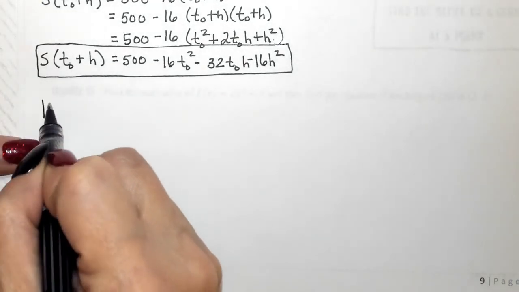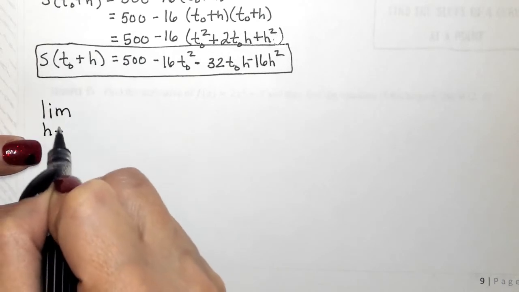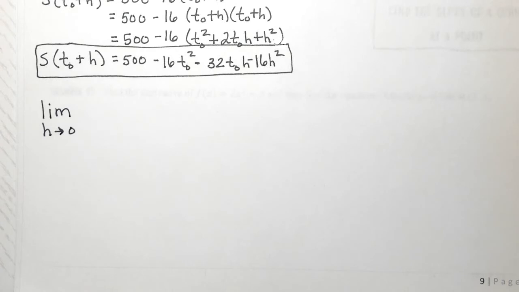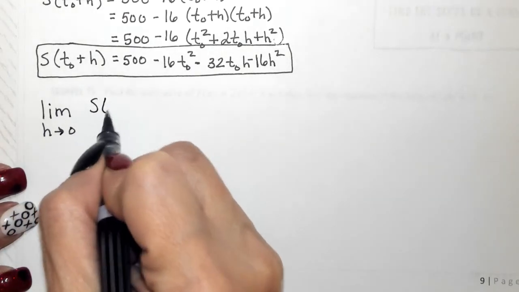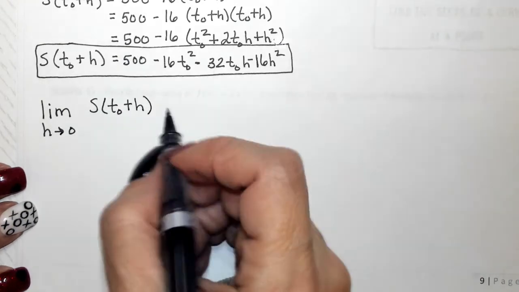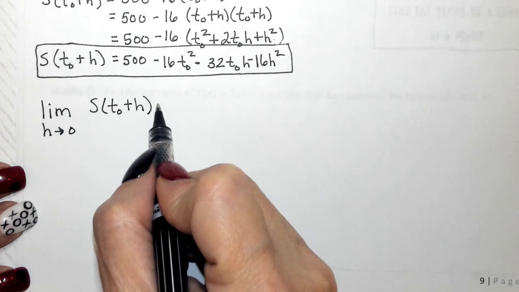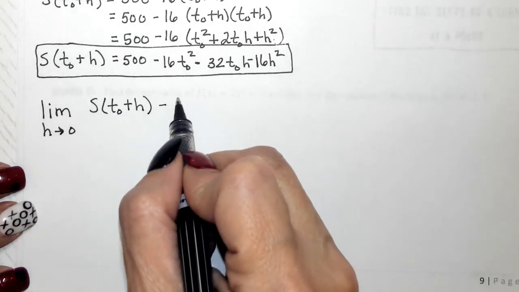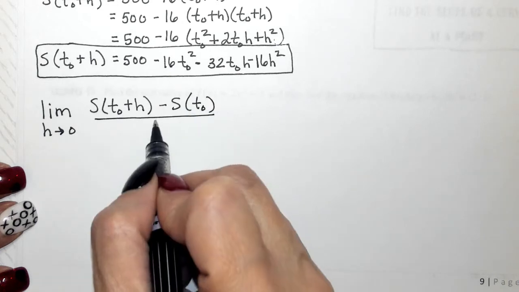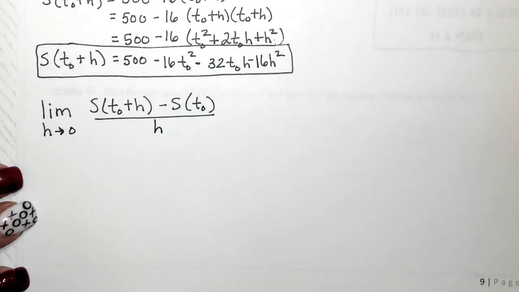The limit as h approaches 0. We're trying to find the instantaneous velocity at any second. It's going to be s of t naught plus h. Oh, I need to keep it s. Minus s of t naught all over h. That's the formula I want to use.